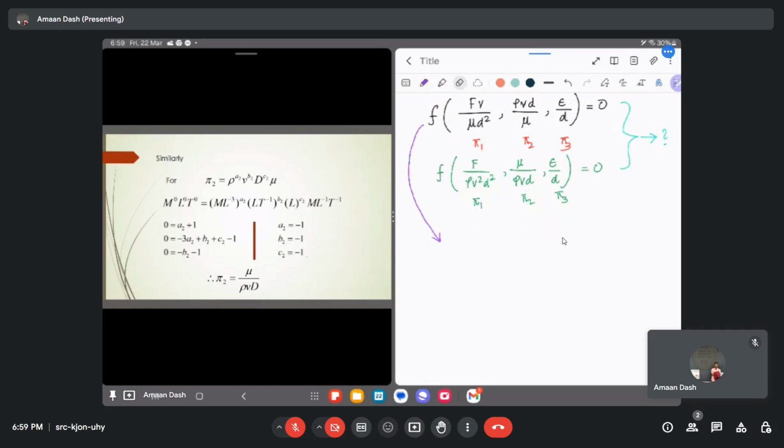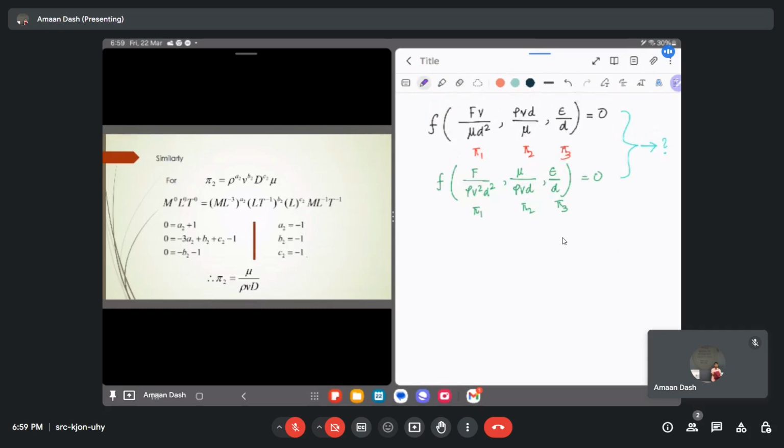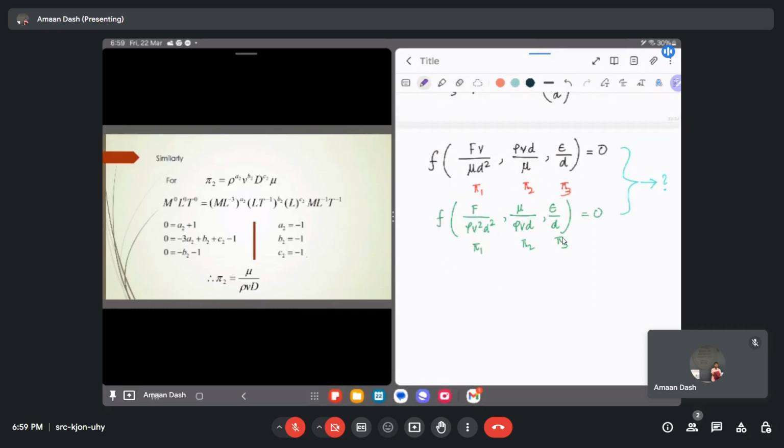So now, what I will be doing is dividing both sides by v square. Okay. Let me write it in this way. I'm rewriting it here.